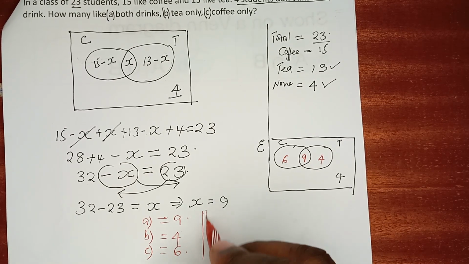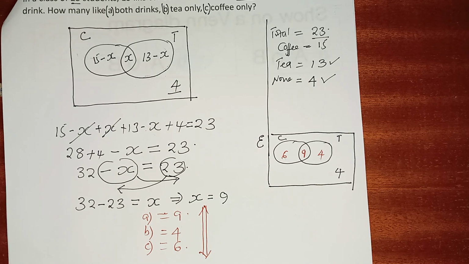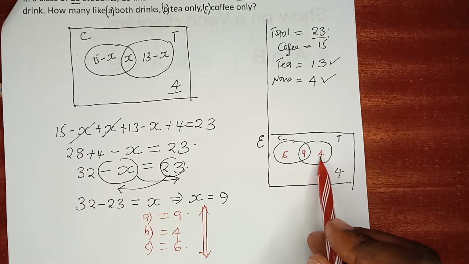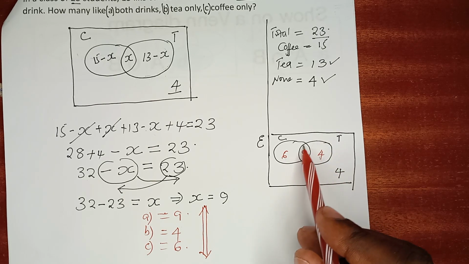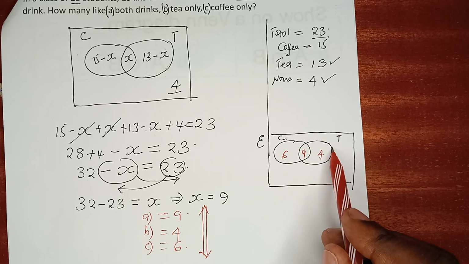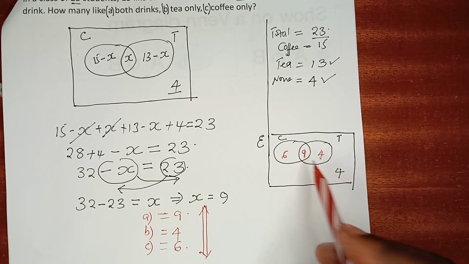But I want to say something here. The question of how many take tea only is different from the question of how many take tea. How many take tea only, you will realize they are just 4, but entirely, how many take tea is the number of people who are in this circle, and that is 4 plus 9.